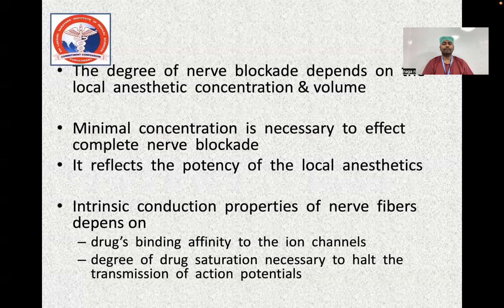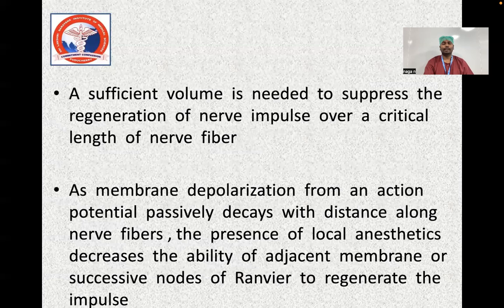Intrinsic conduction properties of nerve fibers depend upon the drug's binding affinity to the ion channels and the degree of drug saturation necessary to halt the transmission of action potentials. A sufficient volume is needed to suppress the regeneration of nerve impulses over a critical length of nerve fiber.